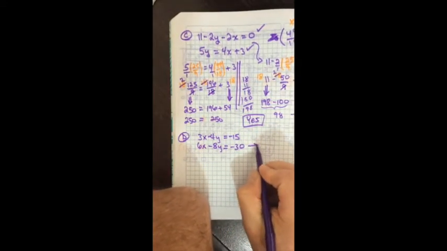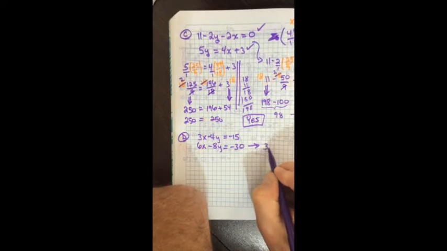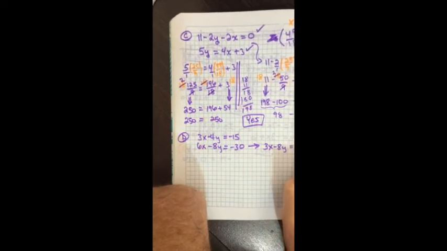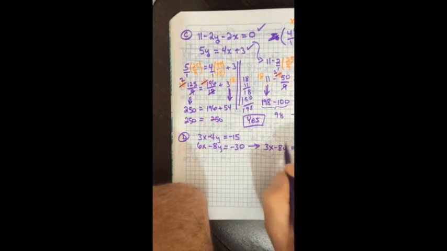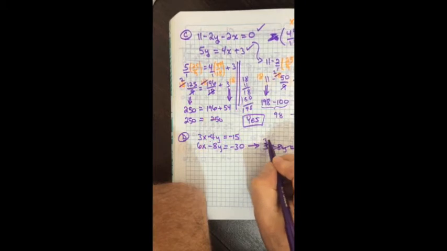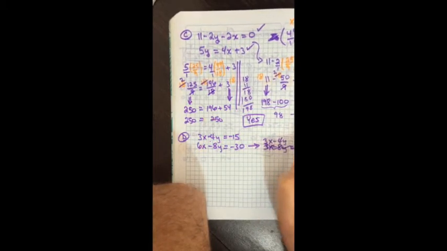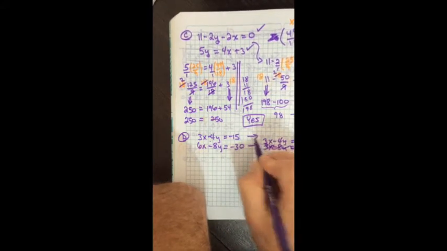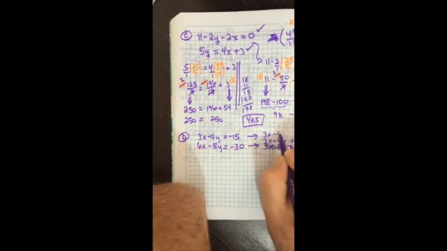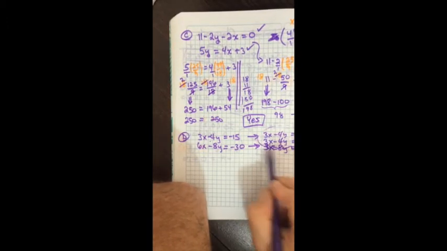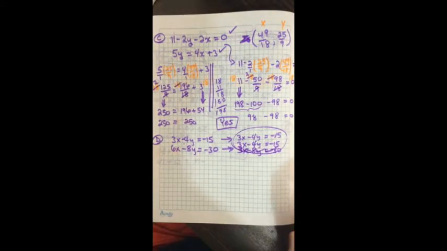Because if I take this one right here and cut it all in half, that's 3x minus 4y equals negative 15. And then this one is 3x minus 4y equals negative 15. That looks like infinite solutions. They're exactly the same equation.